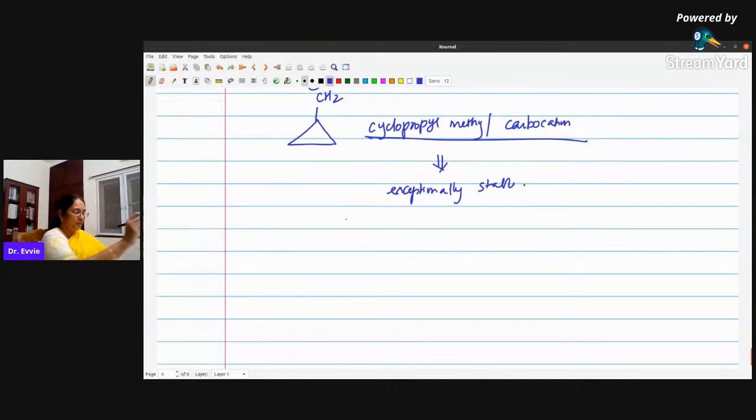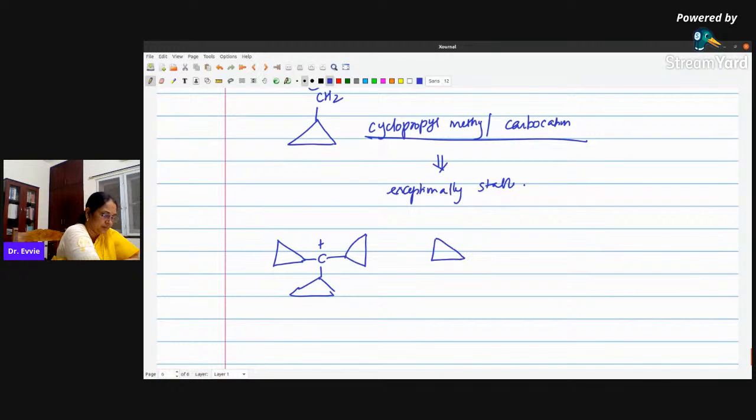Okay, so now I'll give you, among these cyclopropyl carbocations, there can be 3 chances. One is this, the other one is, sorry, I'm very poor in drawing.